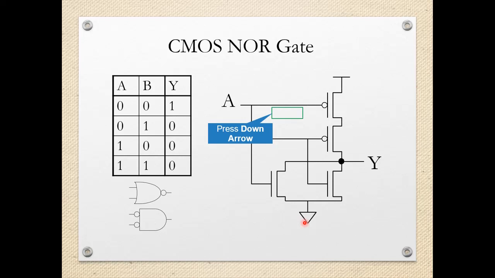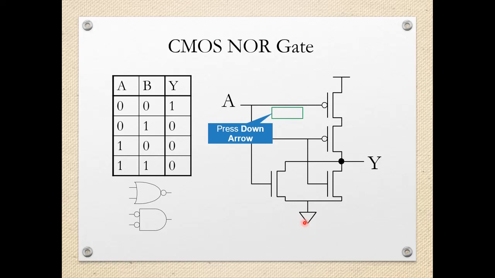B is 1 means P MOSFET will be off and N MOSFET will be on. So through this particular N MOSFET, output Y will be connected to ground and we will get the output equal to 0.